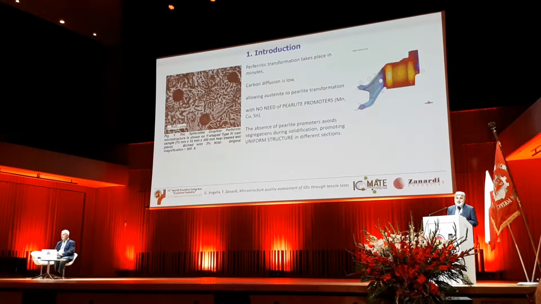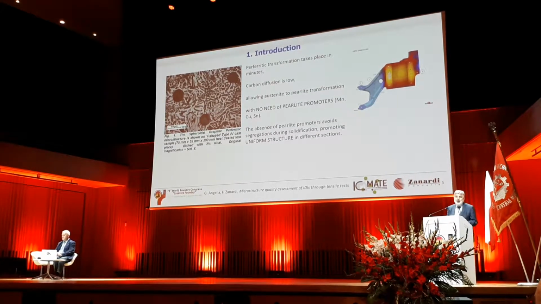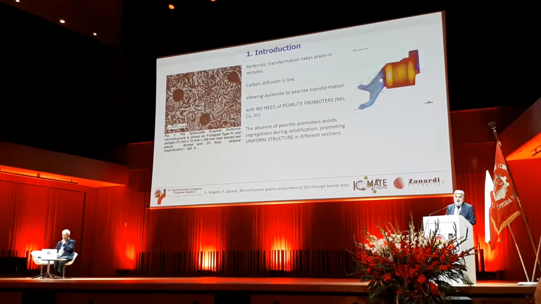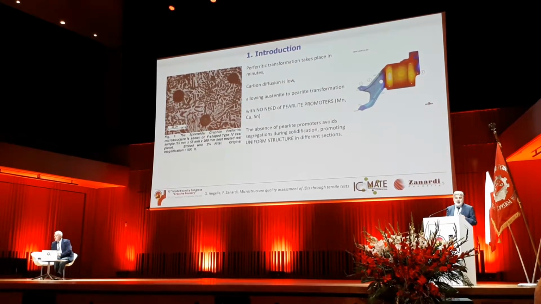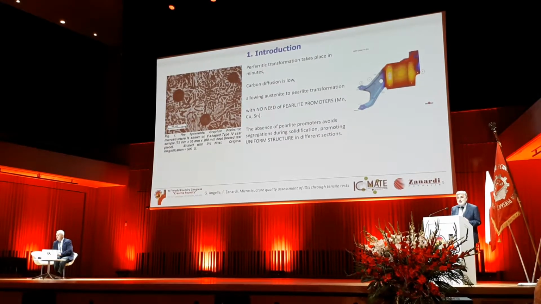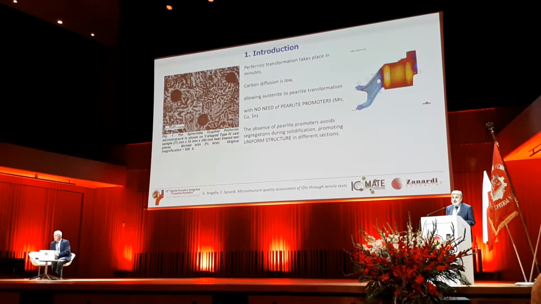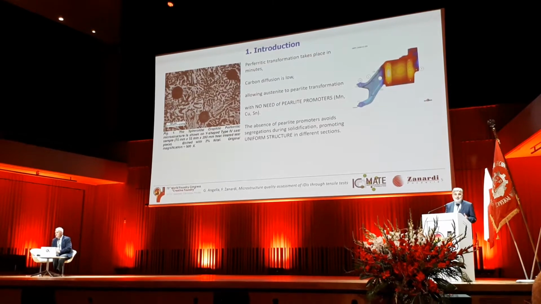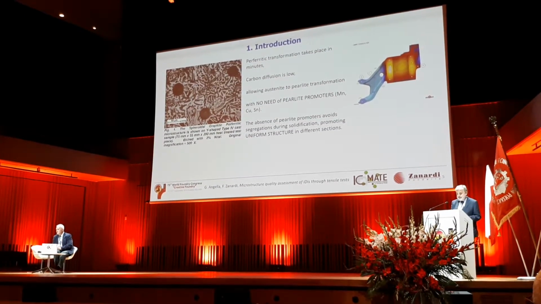reinforces the ferrite structure, giving more strength, giving more yield, and conserving a ferrite content able to maintain ductility. So, in this way, we obtain the same properties of a fully perlitic ductile iron, but with a significant fraction of ferrite.